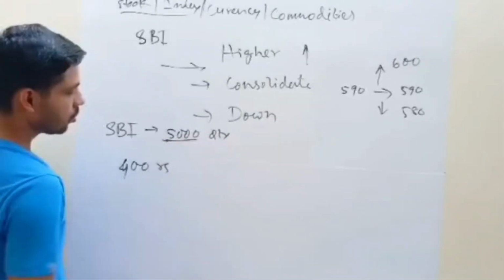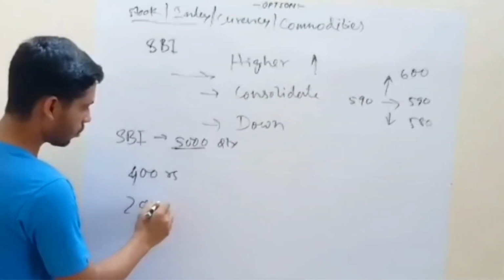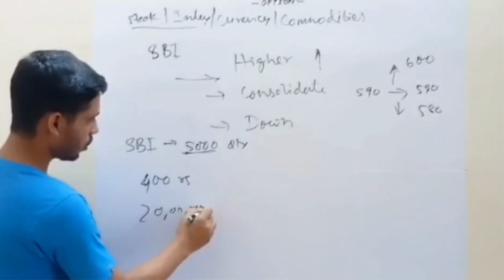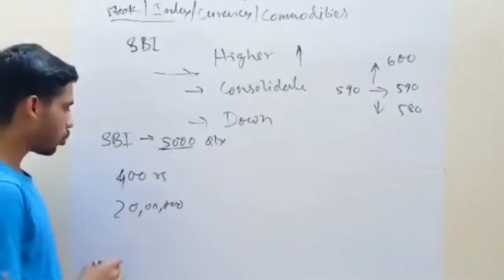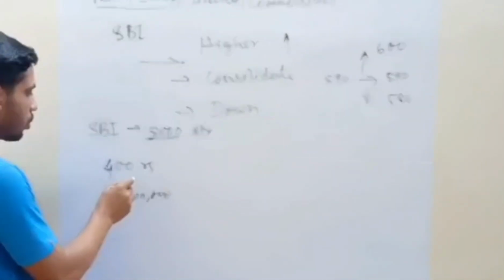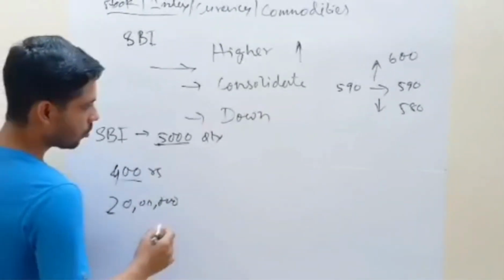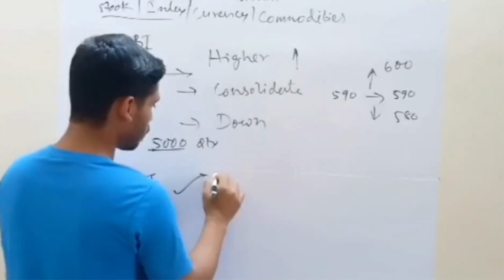So what is the value? 5,000 into 4, that is 20 lakh. A person bought 20 lakh worth of SBI shares when the price was 400 rupees. Now the price of the share has moved up to 590 rupees.